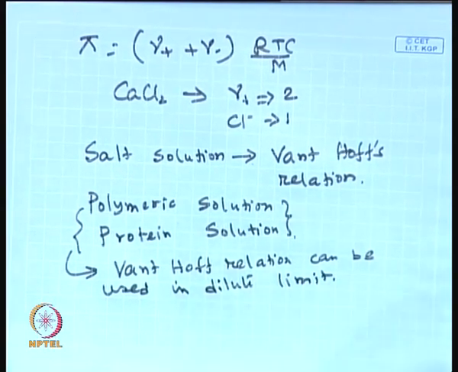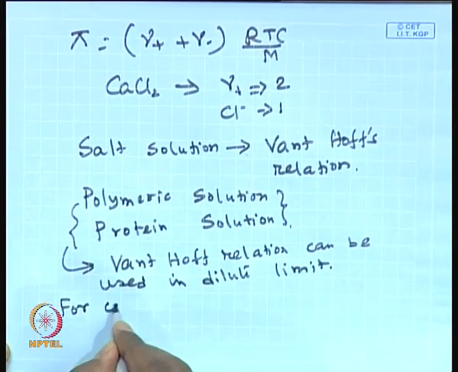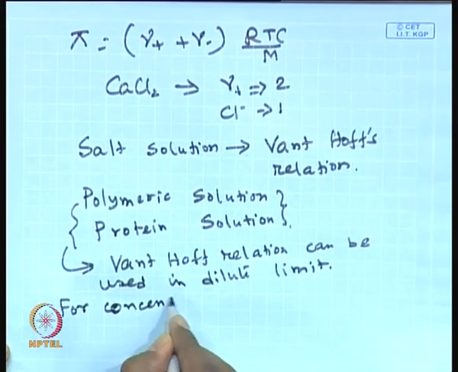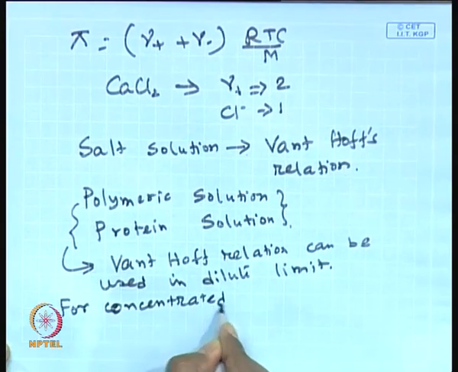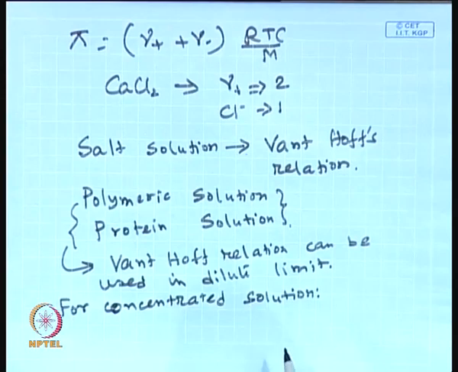Okay. For concentrated solution, Van 't Hoff's relation cannot be used. One can go to thermodynamics and get the derivation that in such cases, for the concentrated solution, the osmotic pressure will be in the form of virial coefficients.